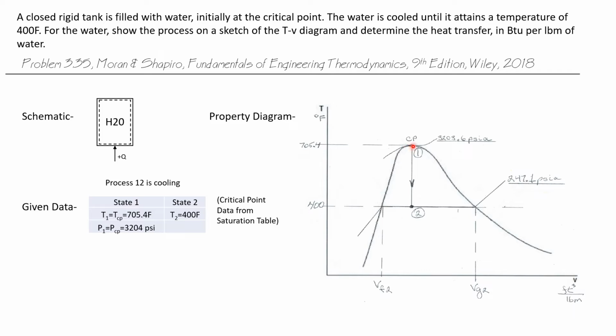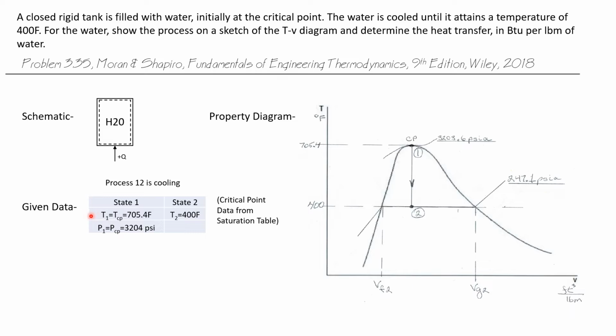And in the table, we have data showing properties on the saturated liquid line. And we have another column showing properties on the saturated vapor line. So where these two lines end is at the critical point. If we want to know the temperature and pressure at the critical point, we would go to the very last row in the saturation table, and that is going to be the critical point.